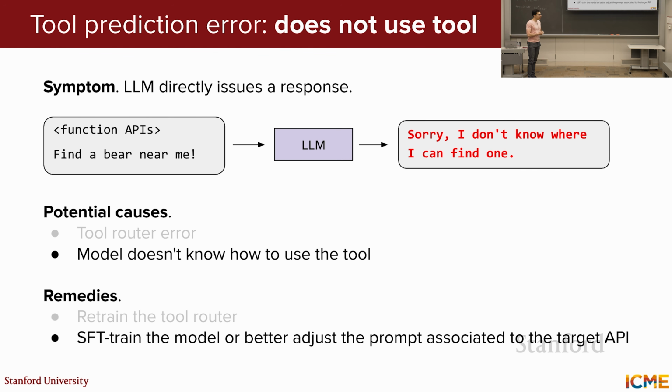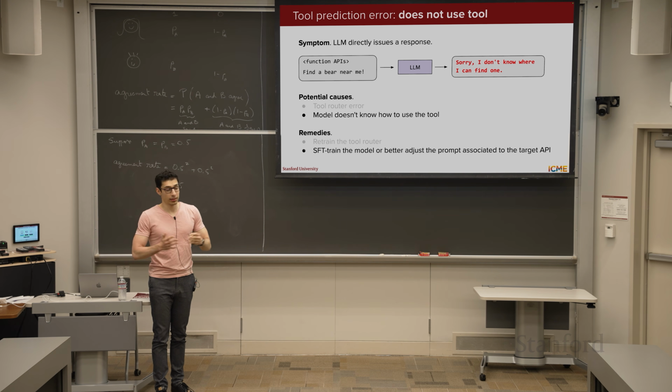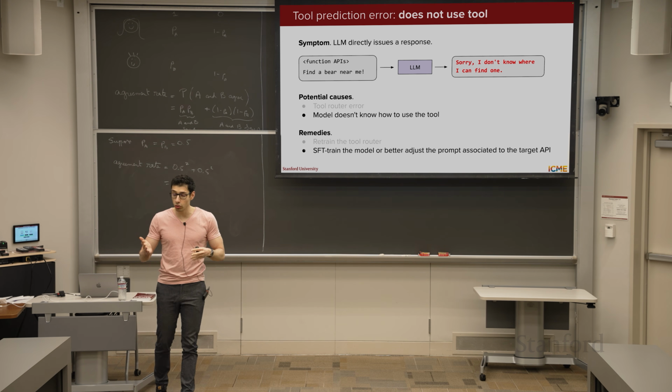Another kind is, hey, actually the tool was included in this list of function APIs, but it's just that the LLM didn't think about using it. So maybe this find teddy bear tool was in there, but we just don't use it. The LLM directly outputs a response. So in that case, if you recall, we had mentioned techniques to teach an LLM to use a tool.